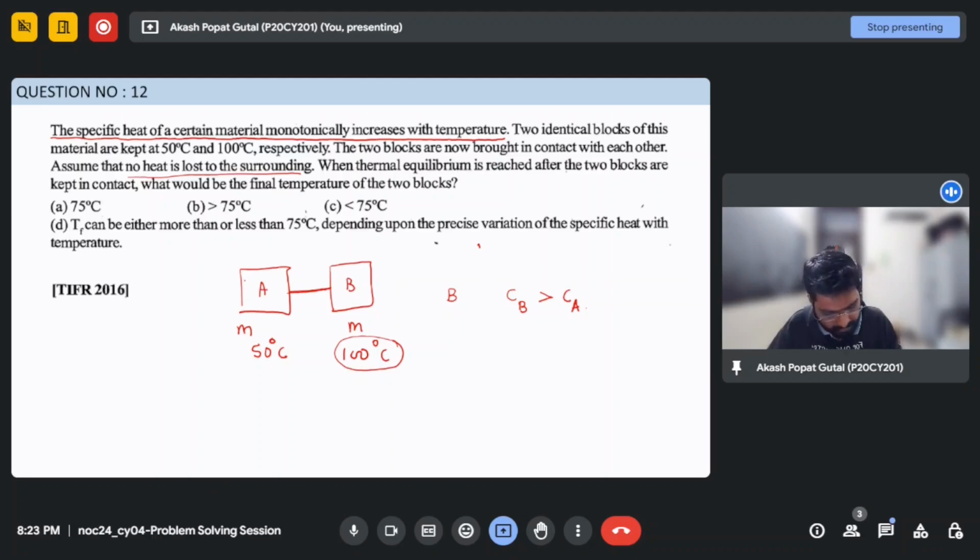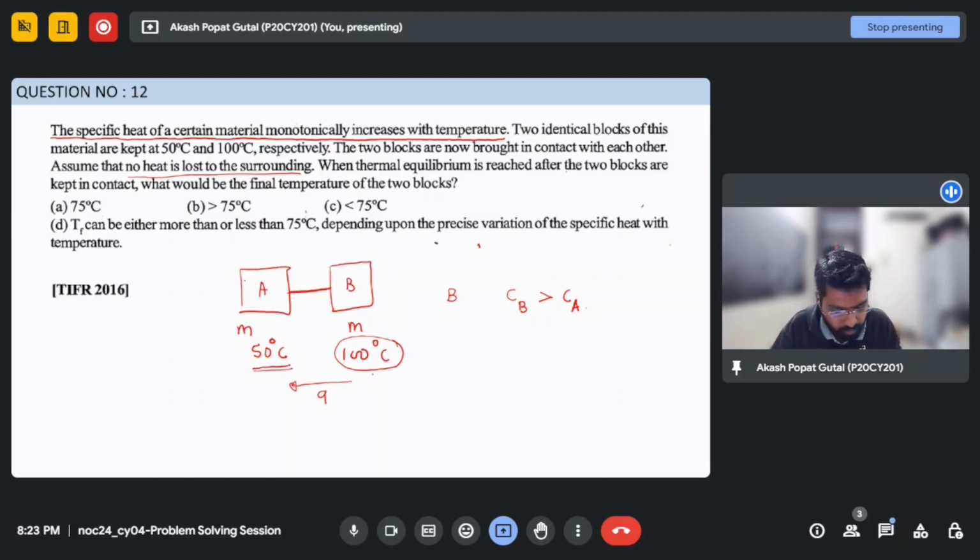Fine. Which means when you keep A and B in contact, then heat will start flowing from B to A. And when it starts flowing, the temperature of block B decreases. Suppose it sends one Q of heat, it will increase the temperature of A by more.